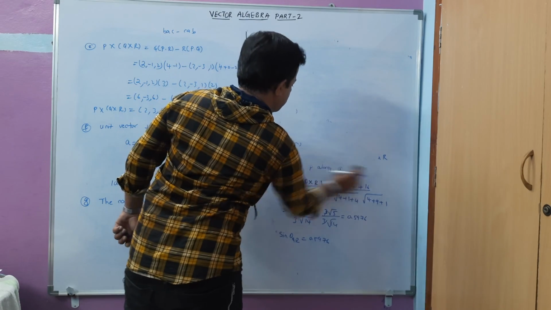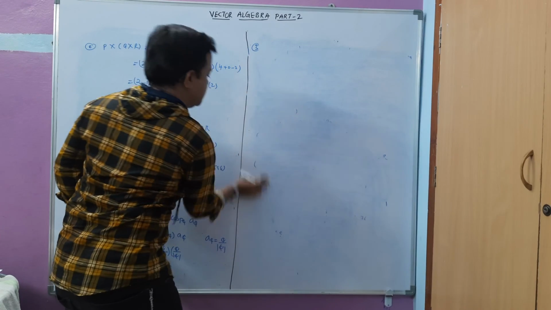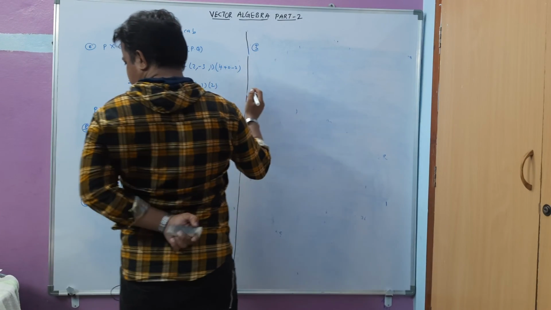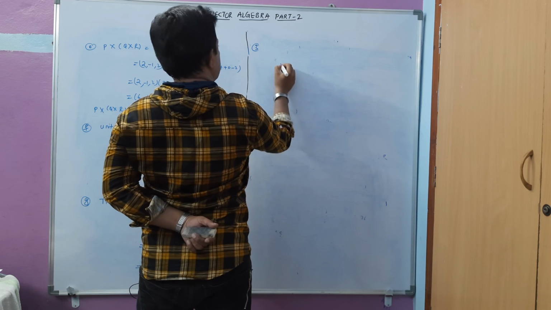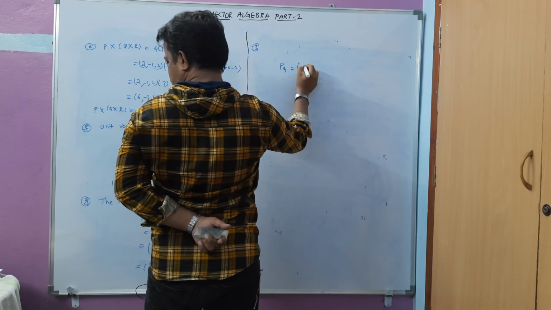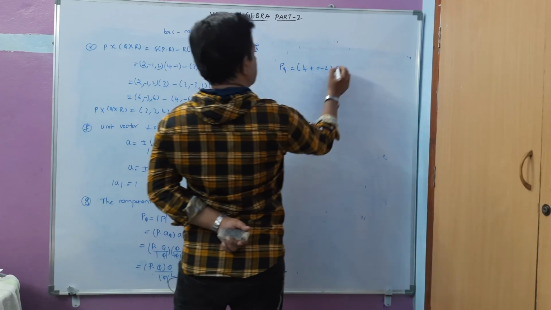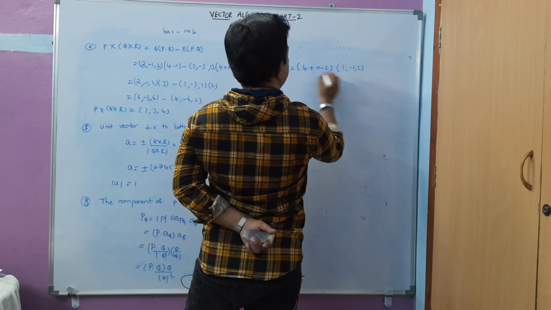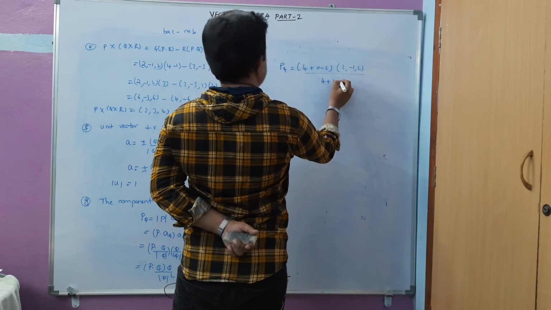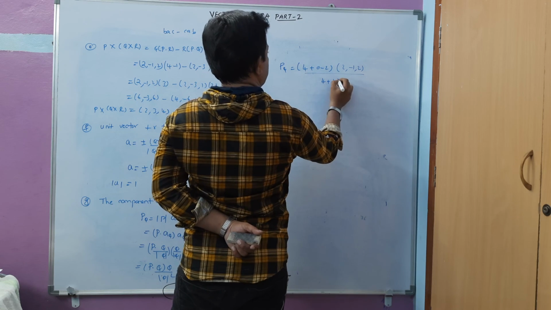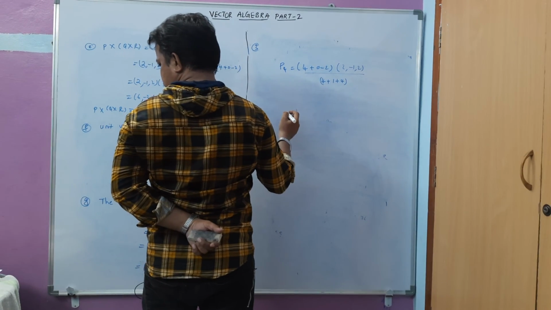P dot Q, already we have done, I will write the result directly. P dot Q is 4 plus 0 minus 2, you can check the result. 2 comma minus 1 comma 2, and mod Q squared is 4 plus 1 plus 4, that is 9.